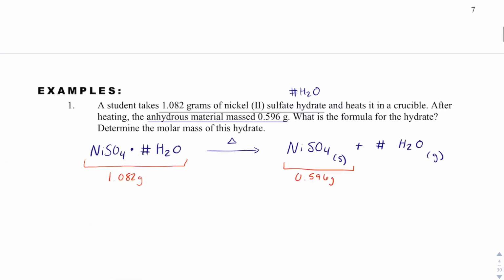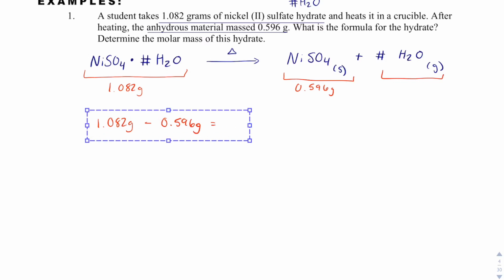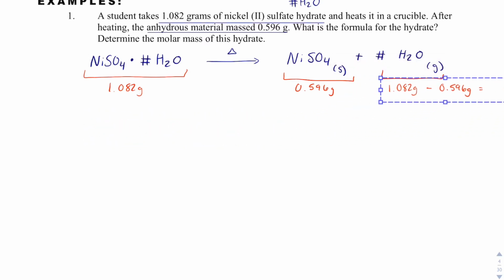Okay, so I need a value for water here. And the way I'm going to do that is I'm going to take 1.082 grams minus 0.596 grams. And in that process, I should get the amount of water according to the law of conservation of mass.